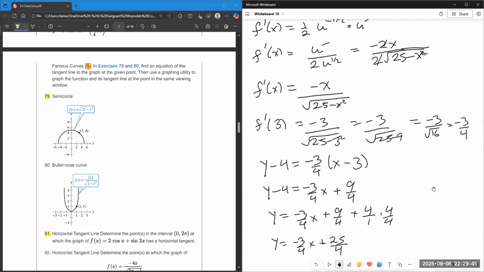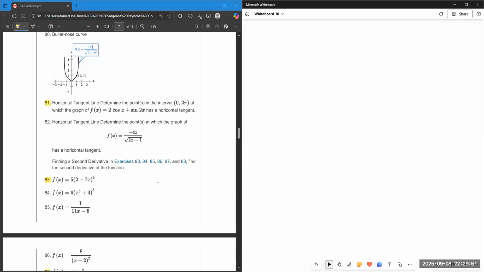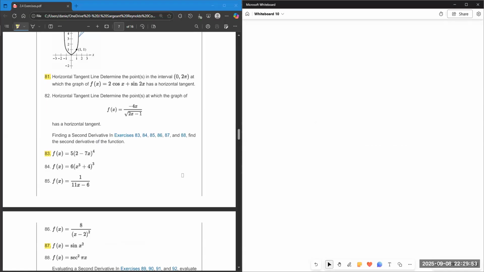Let's look now at number 81. Only concerned on the open interval 0 to 2 pi. For this graph, f of x is equal to 2 cosine of x plus sine of 2x.